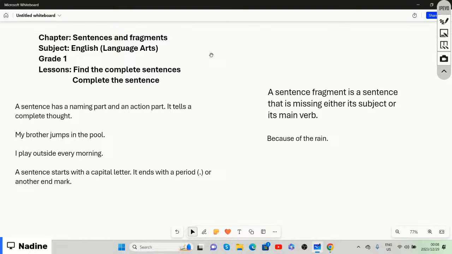And it also tells a complete thought, or it expresses a complete thought.